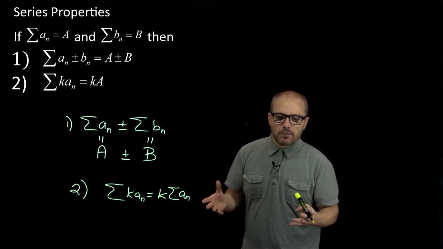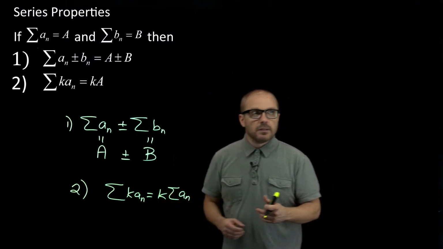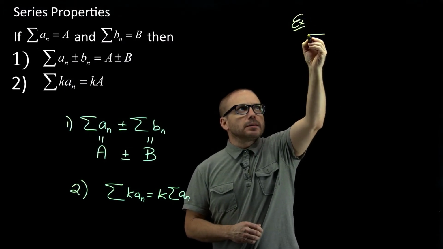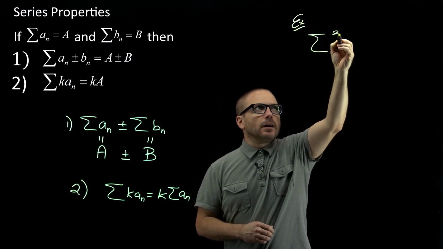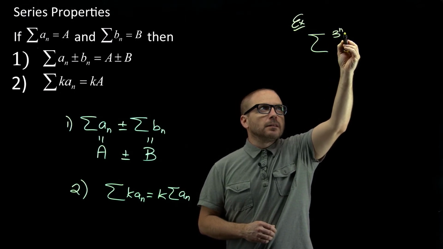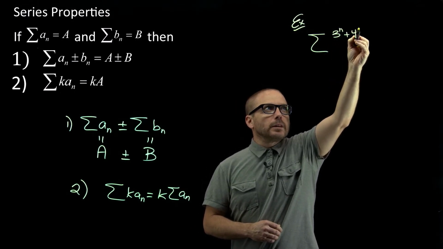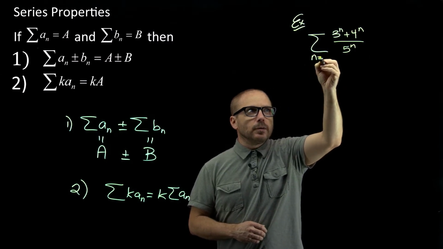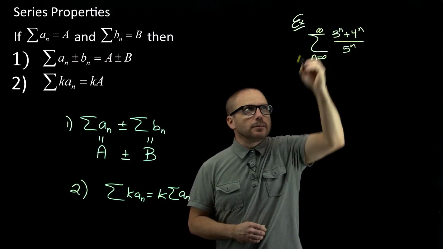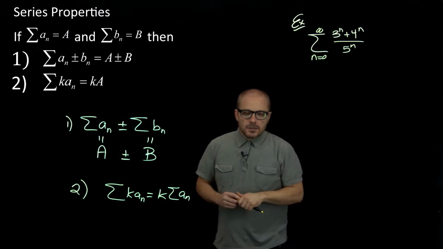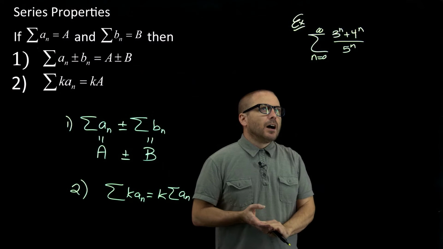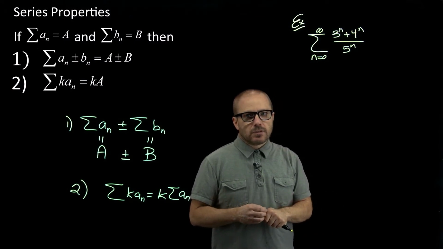Let's look at an example of where we might use this. Say we had a series, 3 to the n plus 4 to the n over 5 to the n, from 0 to infinity. Of the stuff we've looked at so far, that looks a lot like a geometric series, right?